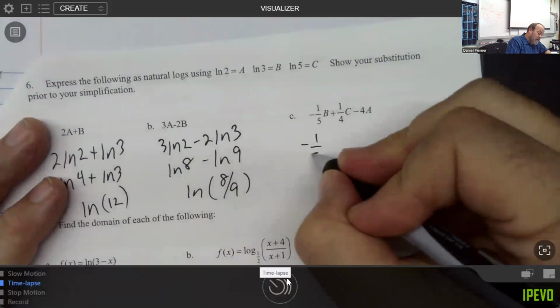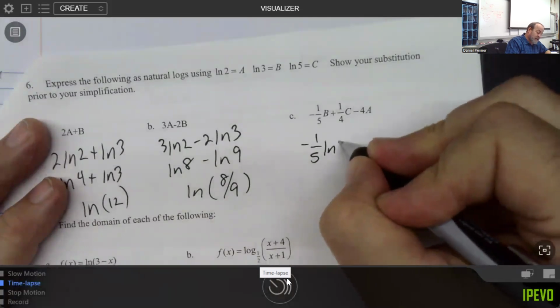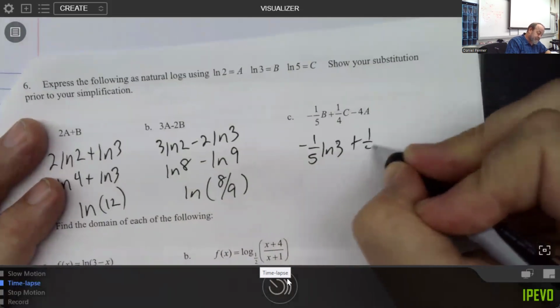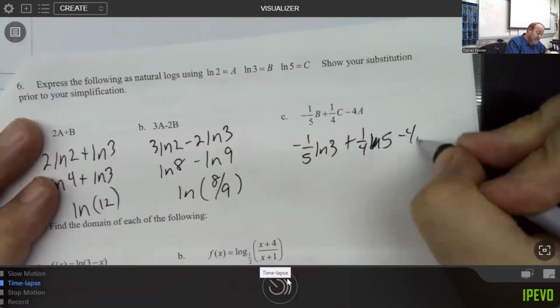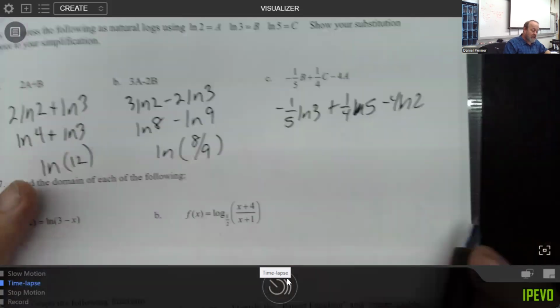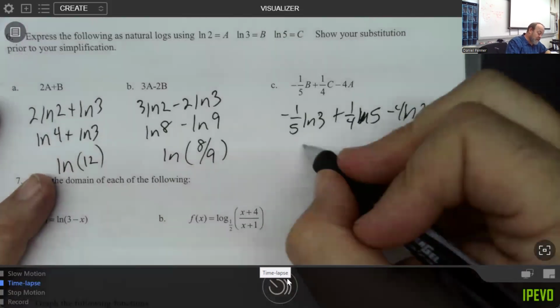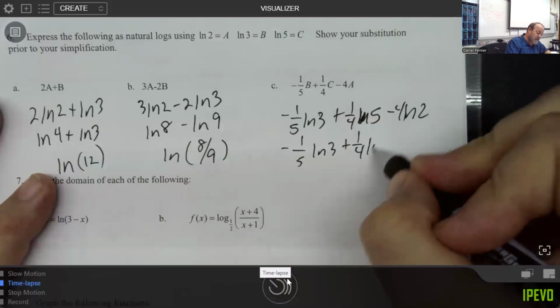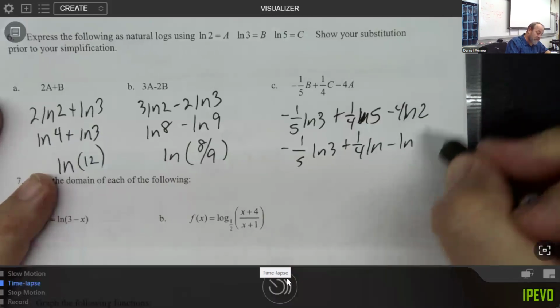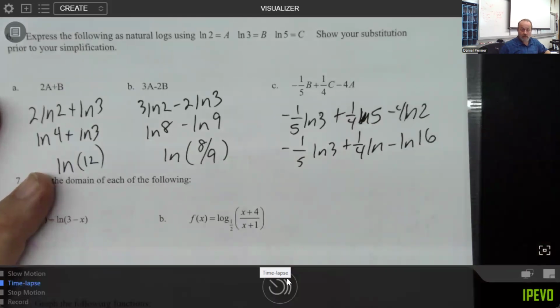And we are almost done. Let's see, that would be ln 5 minus 4 ln's of 2. Now, there's not a lot that I can do with these two, so I'm going to leave these alone for a moment. But I can do a little bit with this one and say 2 to the fourth power is 16.